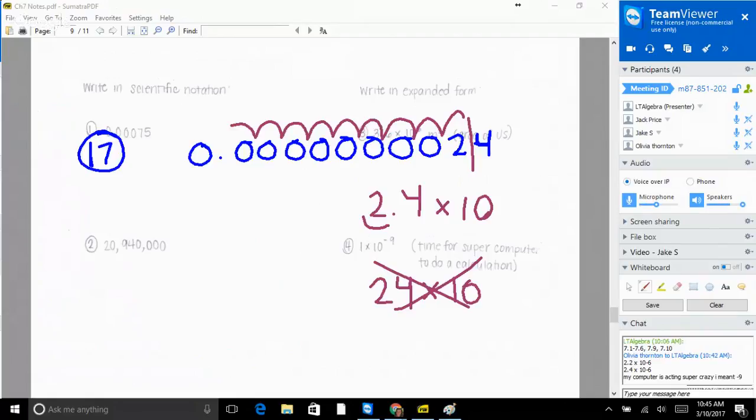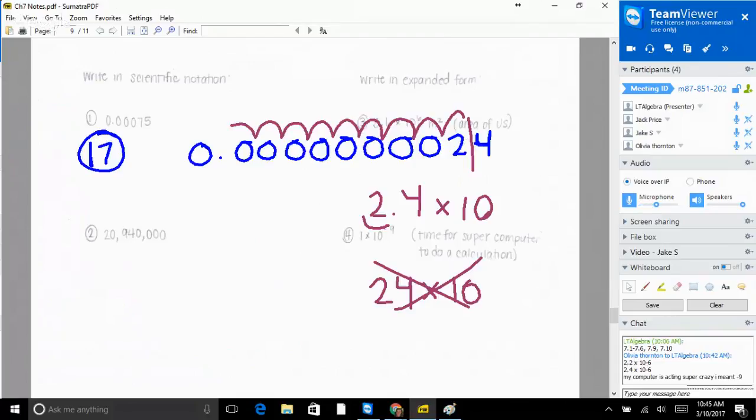Start from wherever the decimal place started. So basically, your decimal place is bouncing from where it started to its new spot. So it's going over 9 places, and since we're talking about a small number, it's going to be 10 to the negative 9th power.